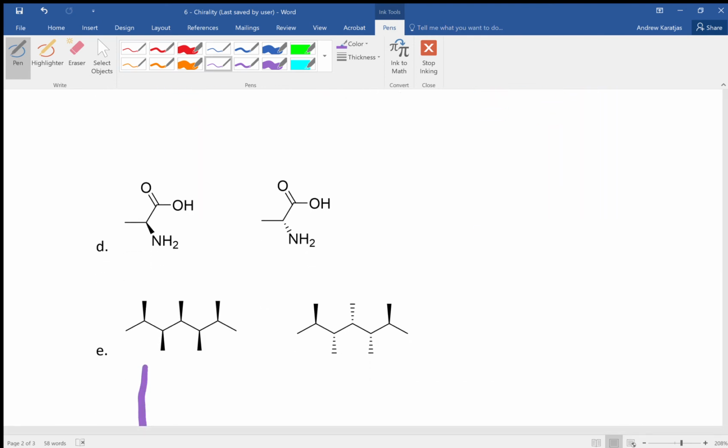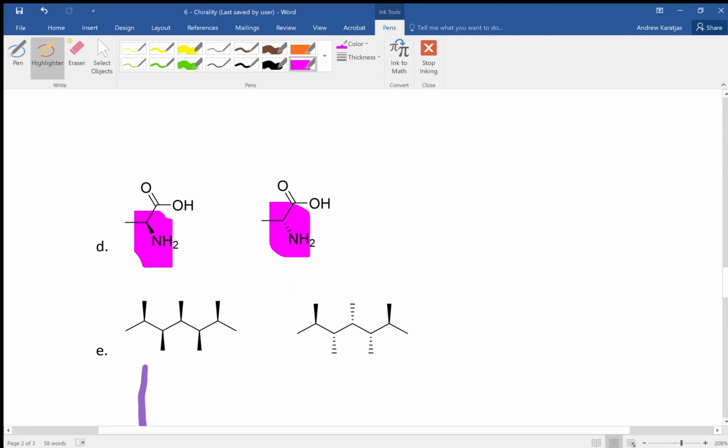All right, part D, a little bit easier again. We've only got one chiral center. It's been inverted, and that means these are enantiomers.